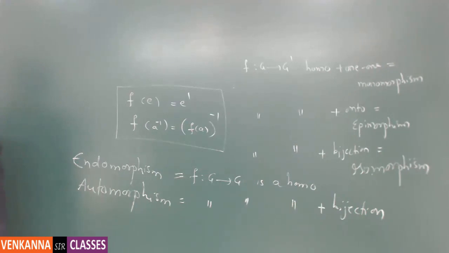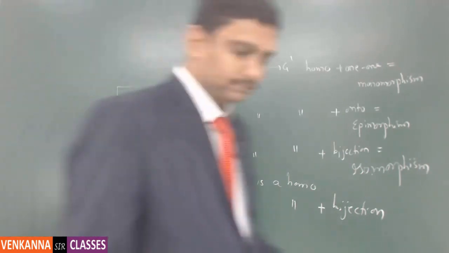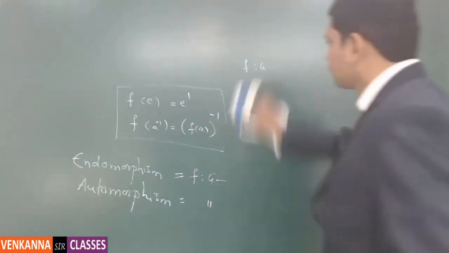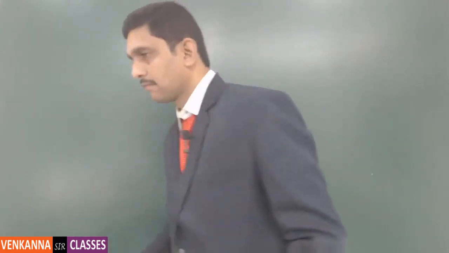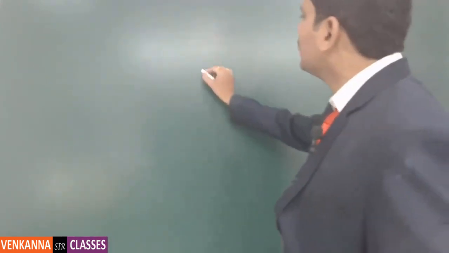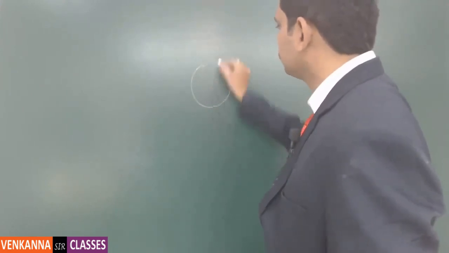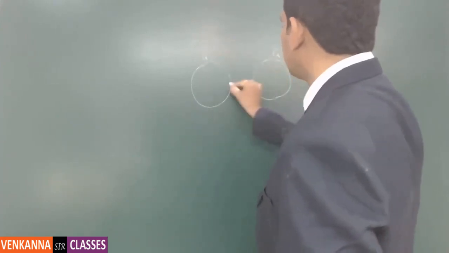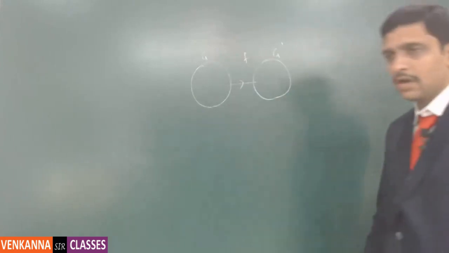After noting, please tell. So whenever you consider a homomorphism from G to G dash, now what happens?